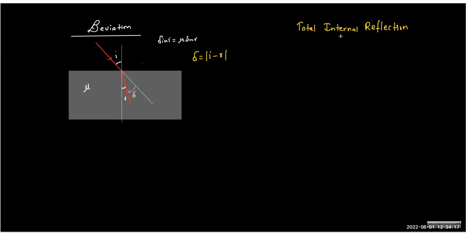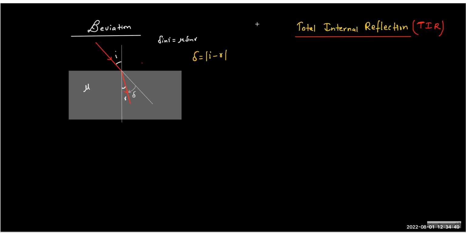So we know this is famously called TIR, and perhaps this is the only way to transmit energy with 100% efficiency, and every interface can exhibit this property if the light ray is going from denser to rarer medium. So there are some conditions for this to take place.